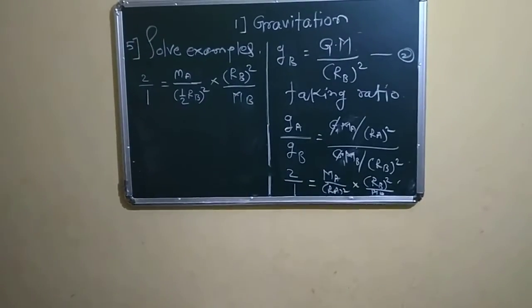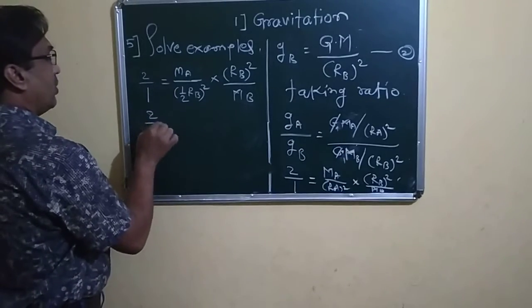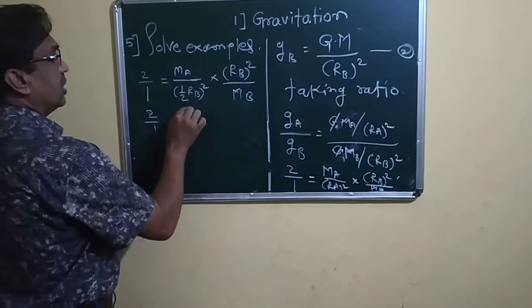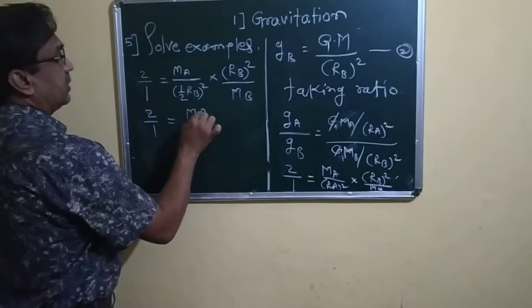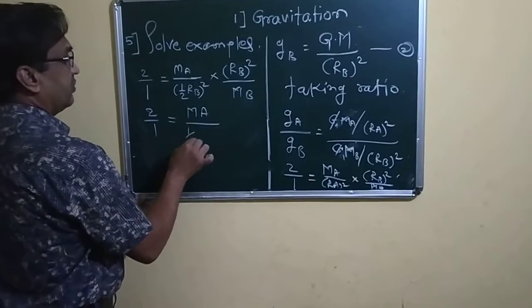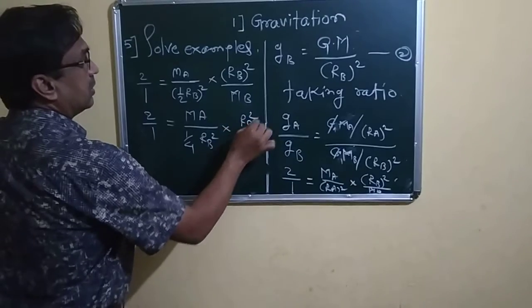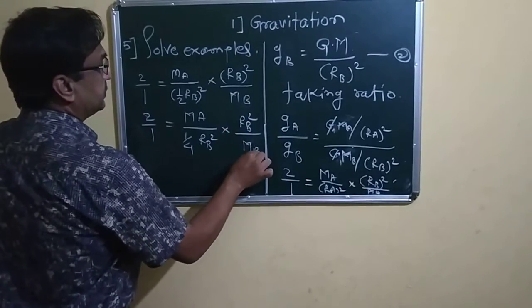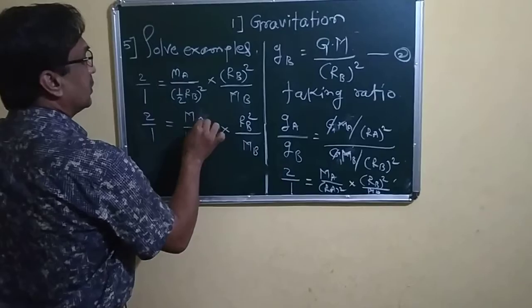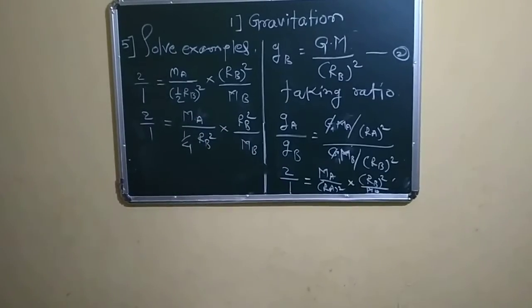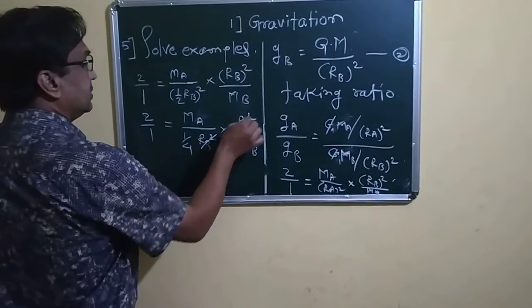So 2 upon 1 is equal to MA, 1 upon 4 RB square into RB square upon MB. So RB square gets cancelled.